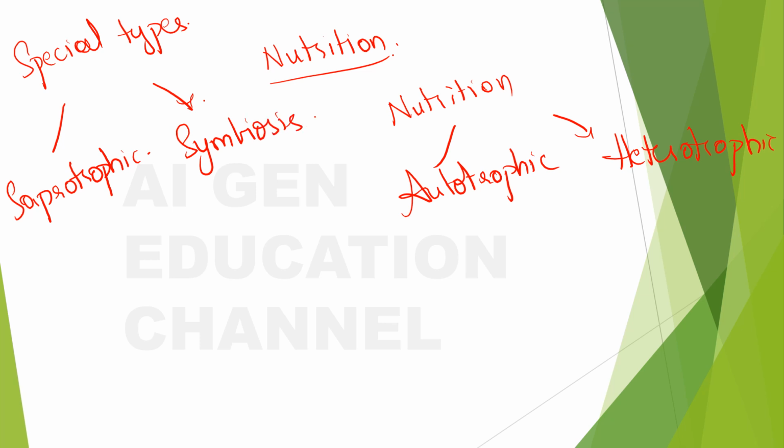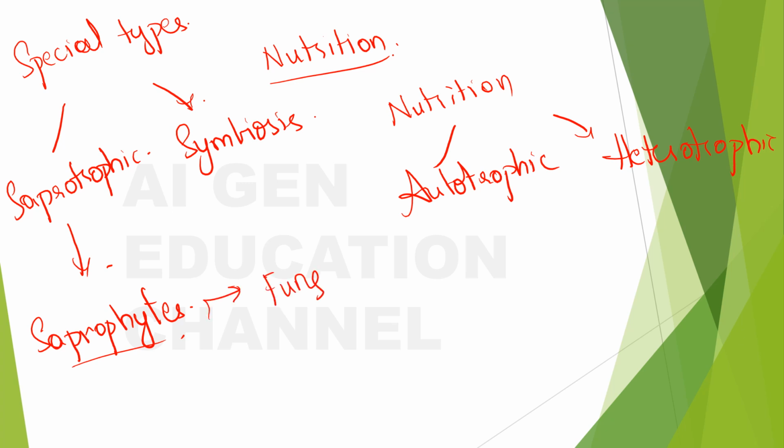As part of saprotrophic nutrition, first of all, what is a saprophyte? What are the examples of saprophytes? The examples would be fungi and bacteria. When I say fungi, I am speaking about these common appearances.